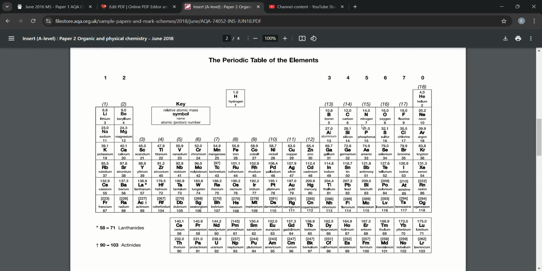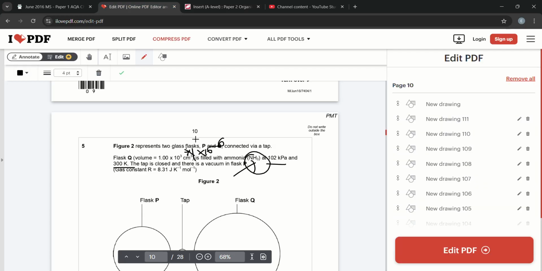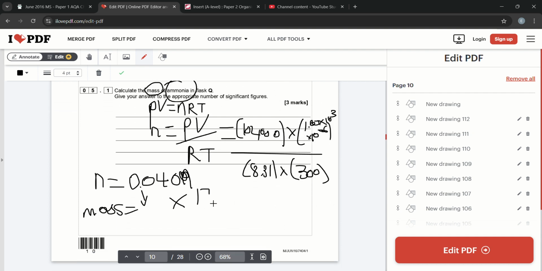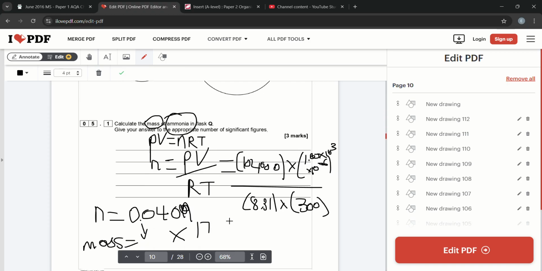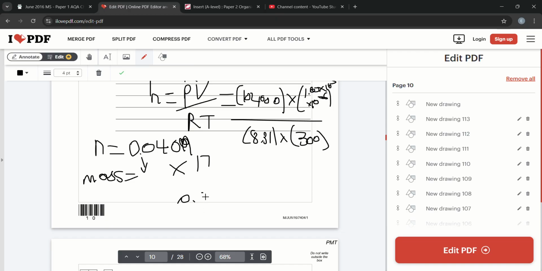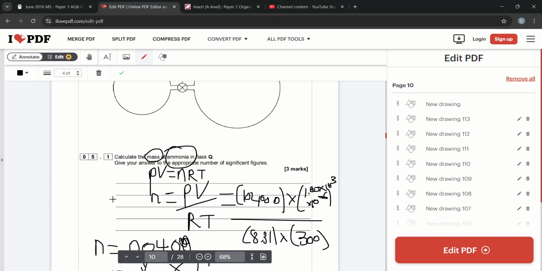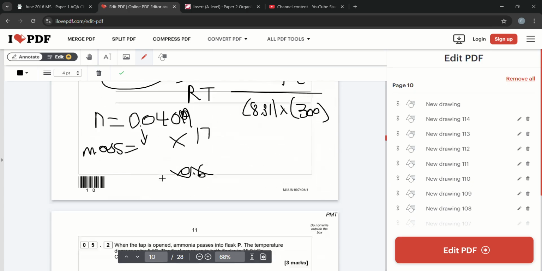So nitrogen 14 plus 3, so 17. So my answer times 17 will give me 0.696 grams, and that is the mass of ammonia in flask Q to the appropriate number of significant figures.